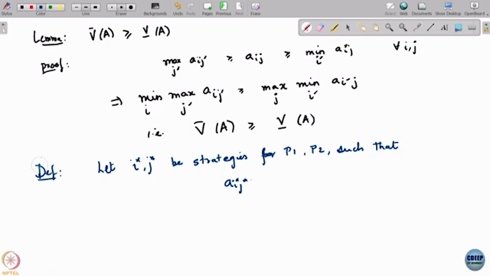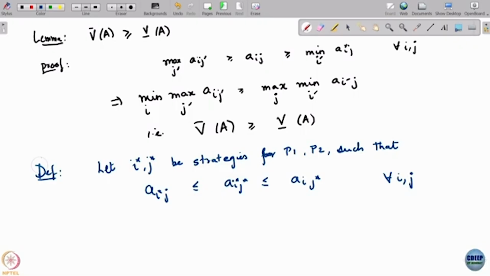Okay. So, you look at A I star j star, what is this quantity here? This quantity is the payoffs that the players would get when they each play I star and j star. Let I star j star be a strategy such that A I star j star is less than or equal to A I j star and also greater than or equal to A I star j for all I and j.